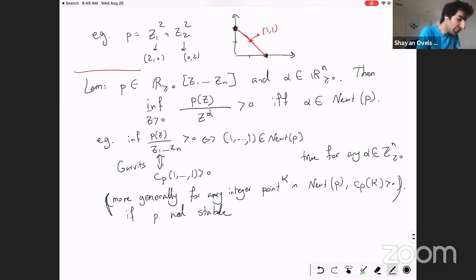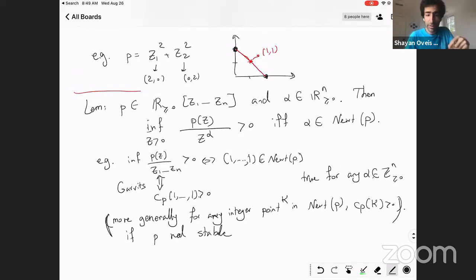Okay, so you see here a difference between this statement and the example we saw above, z1 squared plus z2 squared. That polynomial, as we said before, is not real stable and it doesn't have this property. You see a point (1, 1), which is in the Newton polytope, but it has coefficient 0. So this fact is fairly general. If you remember in the first lecture, we said that if you have a homogeneous multi-affine real stable polynomial, the support corresponds to bases of a matroid. It follows from this fact again.